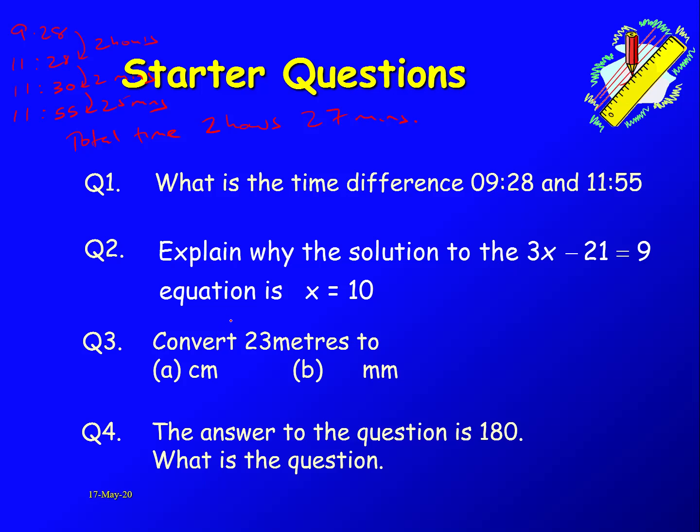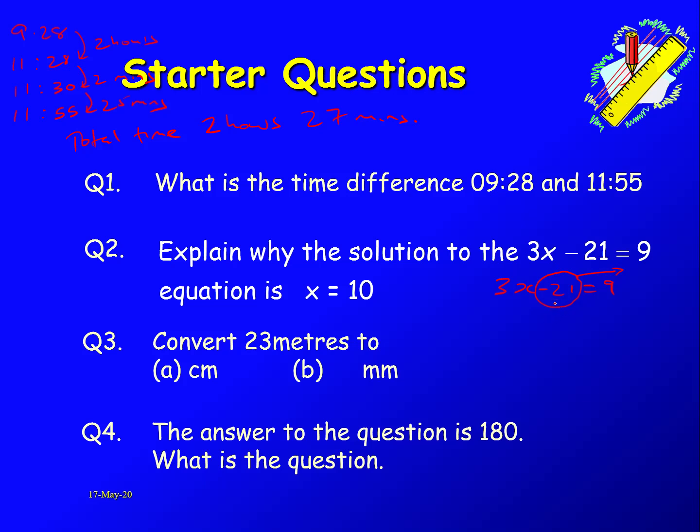Good. Question 2. 3x minus 21 equals 9. Show that x equals 10. So we want to solve it, get x on its own. We've got 3x minus 21 equals 9. What's my first step then? Hopefully you said float and paint, so I'll put a bubble around my 21, float it over the equal sign.